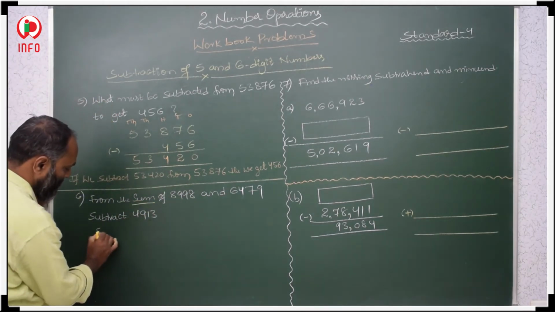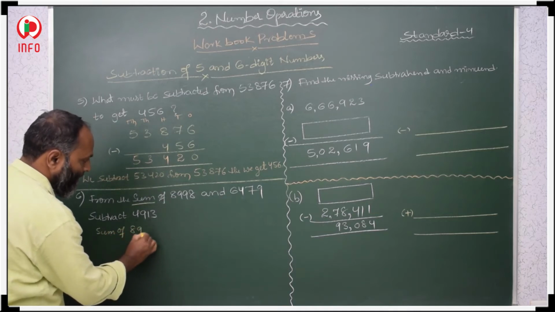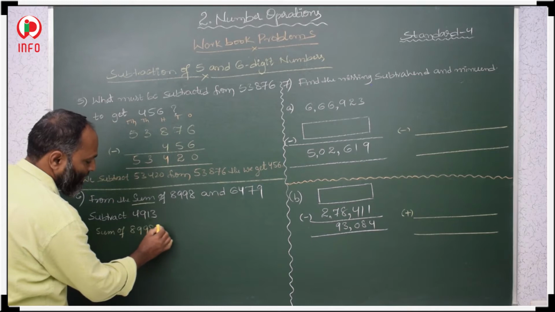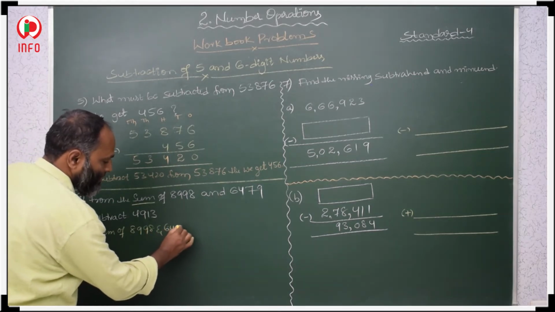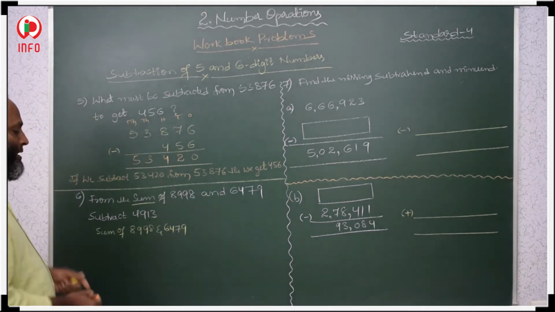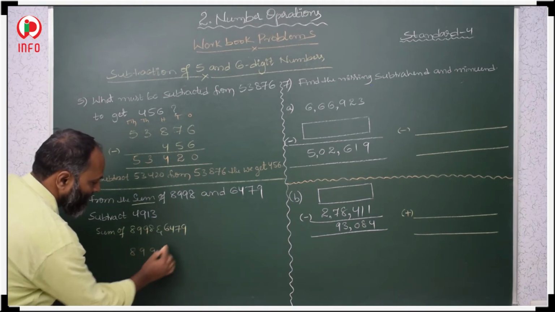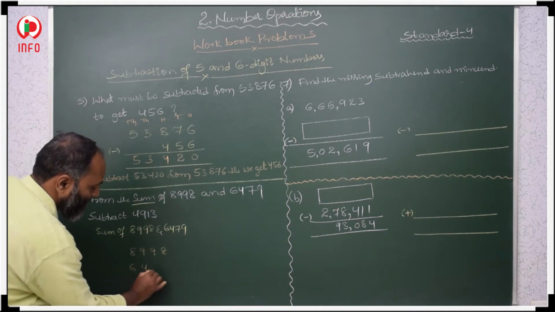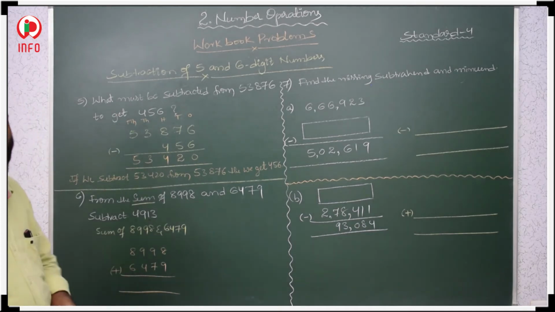Sum of 8,998 and 6,479. Sum means you have to add.